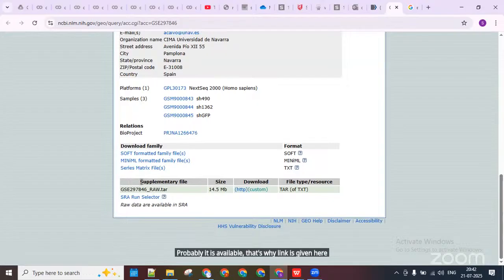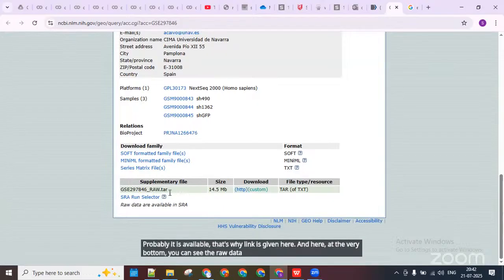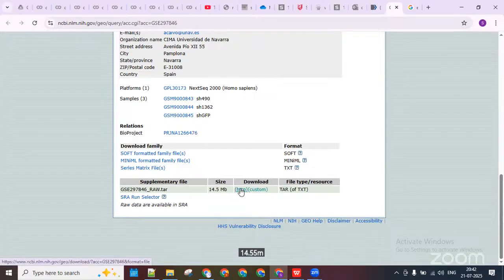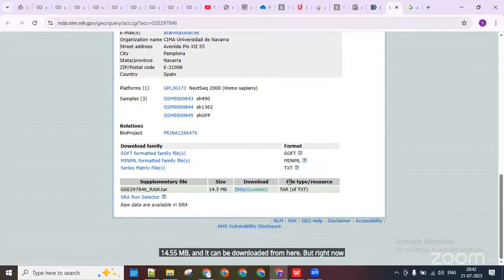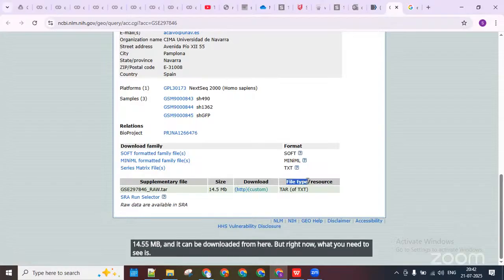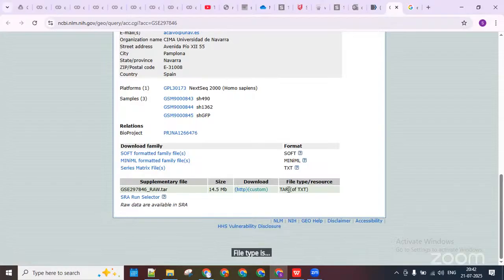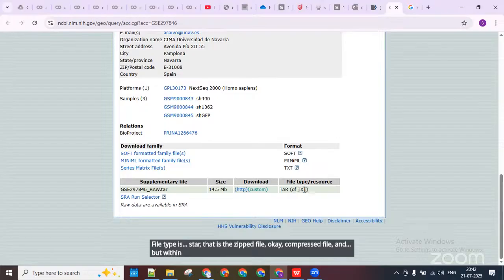At the very bottom, you can see the raw data information is given. For this dataset, raw data is available here, whose size is 14.5 MB, and it can be downloaded from here. But right now, what you need to see is that the file type is tar, that is a zipped, compressed file, but within the tar there is a text file.